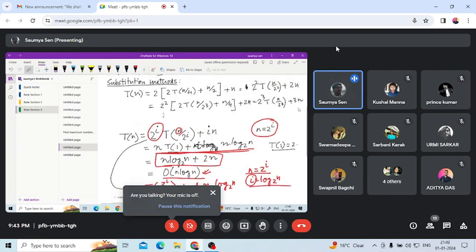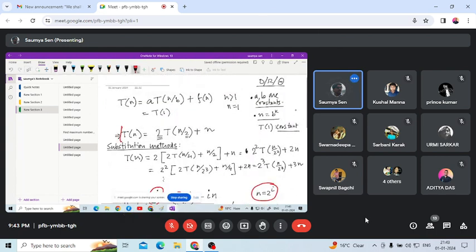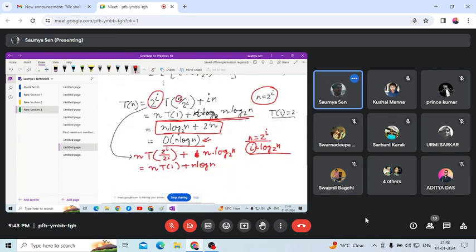So some recurrence relation is given to you, T of n equals this. From that equation, you cannot say T of n equals big O of what, unless you generate this equation.